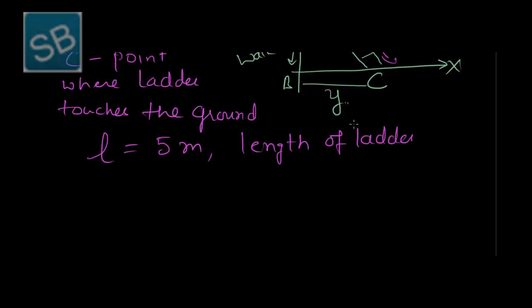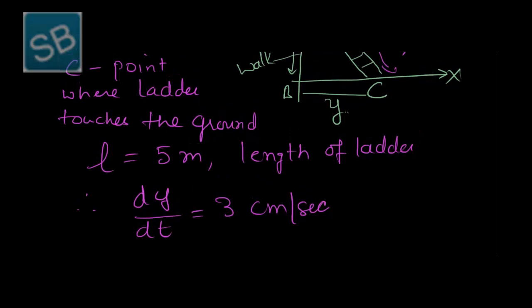And here we have the bottom of the ladder is pulled away along the floor, away from the wall, at the rate of 3 centimeter per second. That is, there is a rate of change in y. Therefore, dy over dt is 3 centimeter per second.